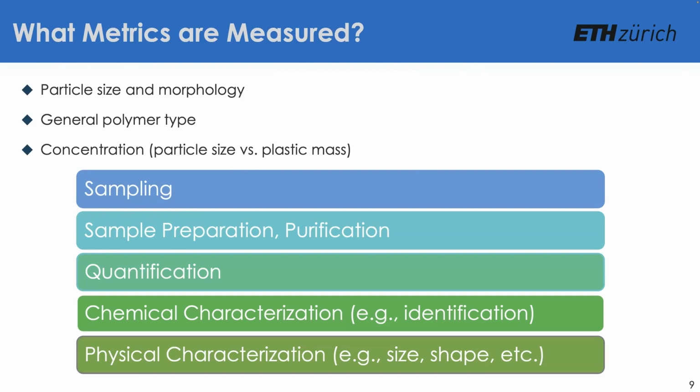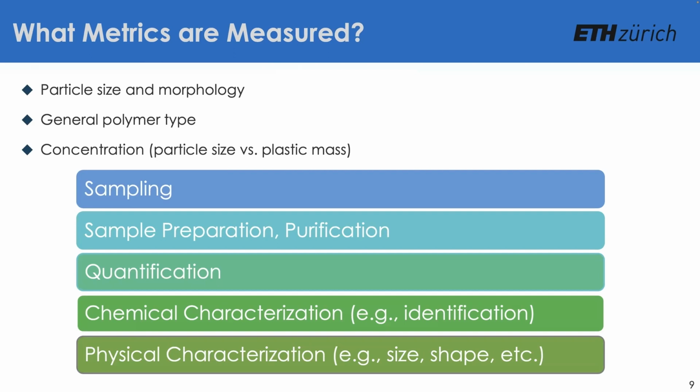When we look at that total analytical chain, we first have sampling, so how we're collecting our particles from the environment. Oftentimes, of course, these microplastics are not alone. There'll be a lot of other natural particles in the sample. So there's often some type of sample preparation and purification needed so that we can extract the microplastics from the sample for easier quantification.